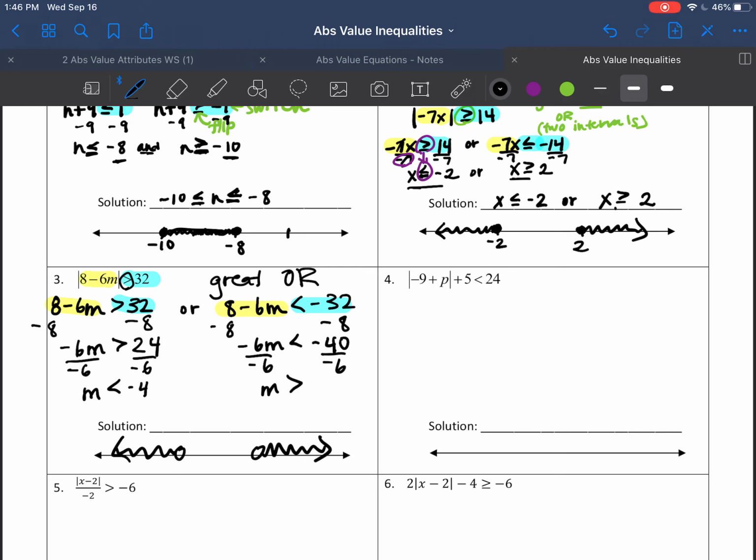On the other side it flips again. Negative 40 divided by 6 is a positive 20 over 3. Simplify fractions as much as possible. You can use decimals as well.